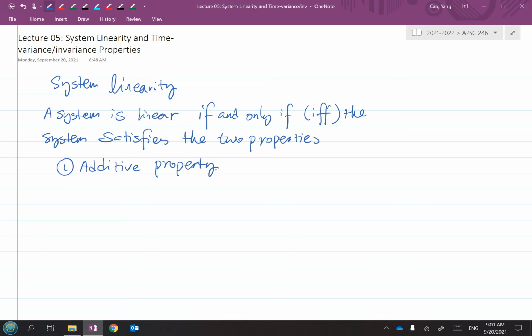Before we move ahead, let's make sure our symbols are all defined. Here's your system. We introduced an operator concept in the previous lecture. We use M and brackets, and inside the bracket you can put anything. The input is x of t, and y of t is defined as the output.